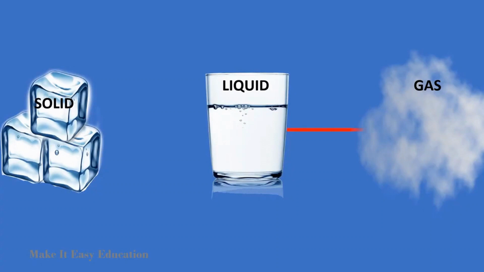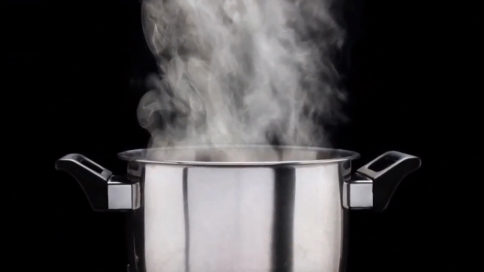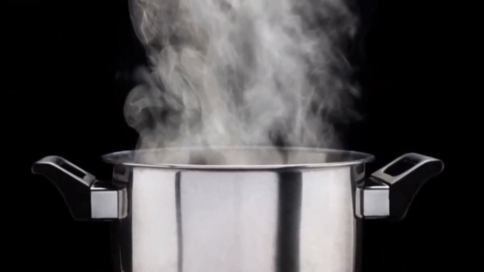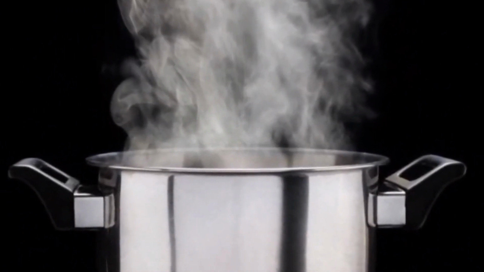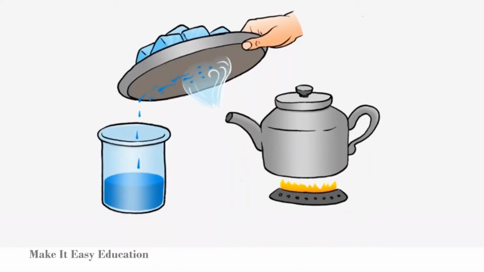Again, liquid can change into gas, that is evaporation. That is the example when boiling. Also, gas can change to liquid, that is called condensation, as you can see in the example there.